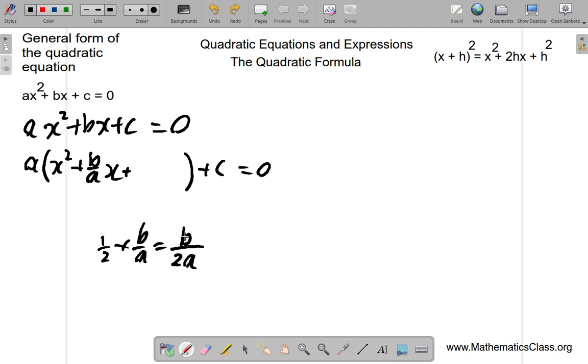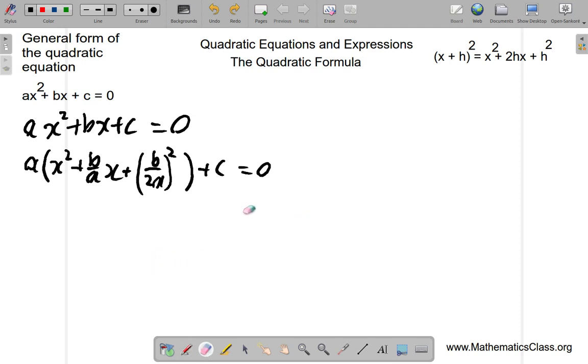So half of b over a is b over 2a. And then square it. Just like we have 2h, half of 2h is h, then h squared to make the perfect square. We square this and add it. So it's b over 2a, squared.